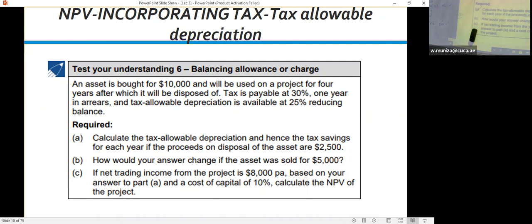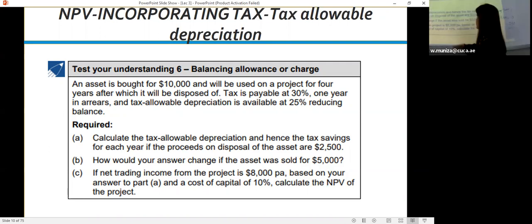Recheck. Okay, now students, part C. Calculate the NPV. If net trading income from the project is 8,000 per annum based on your answer to part A, and the cost of capital is 10%, calculate the NPV of the project. Students, can you try this on your own?